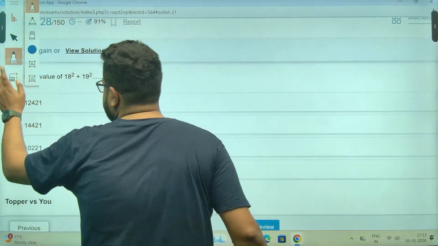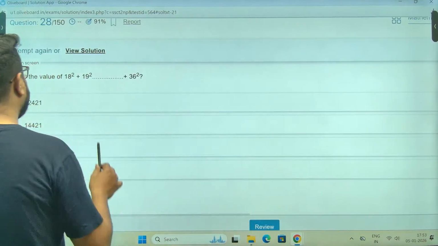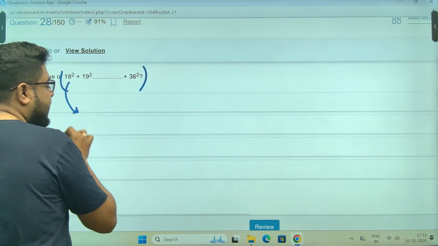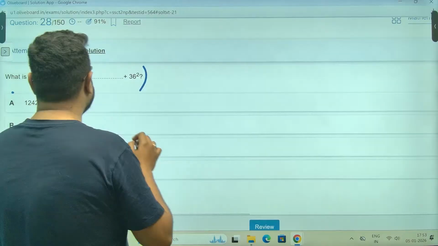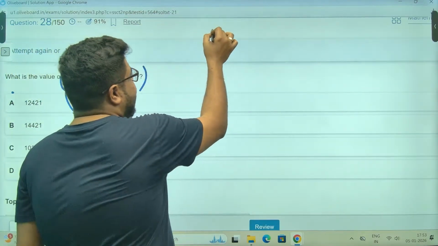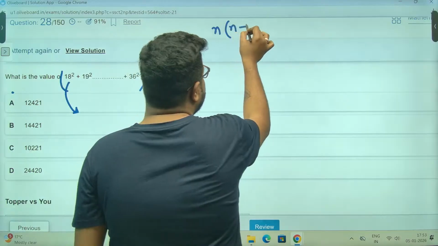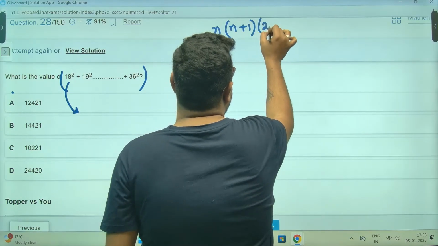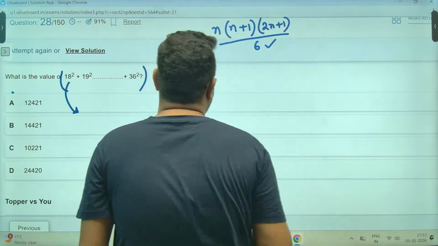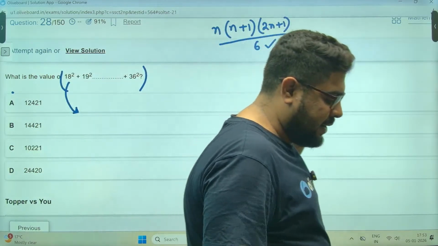Sir, it's a simple question, not a difficult one. 18 squared to 36 squared. Today only, a couple of hours back, I've taken a class on this. Sir, I have a formula n into n plus 1 into 2n plus 1 by 6. But the problem is it has to start from 1.